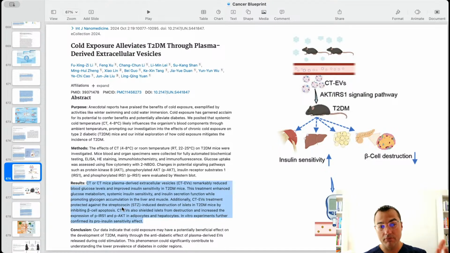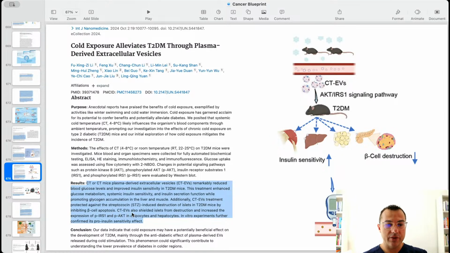And it said that it protected against the pancreatic destruction by inhibiting programmed cell death within the pancreatic beta cells, the cells in the pancreas that make insulin. So it protected the pancreas of these mice from being destroyed and causing diabetes to begin with.